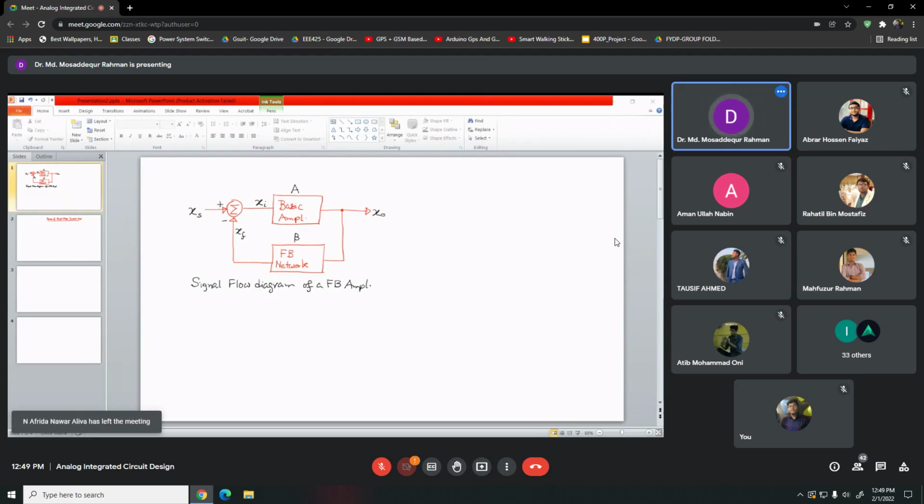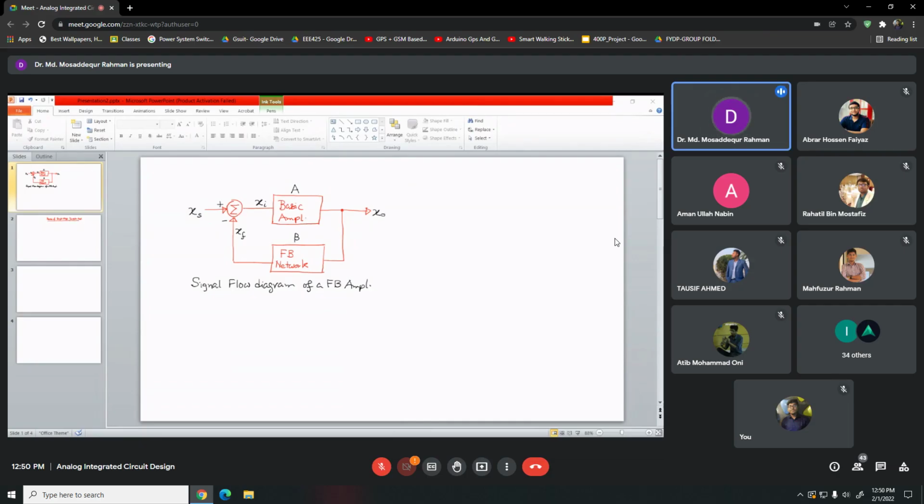And our overall gain, also known as the gain with feedback, AF, is the ratio of the output signal divided by the source signal XS. So that is our overall gain, because that includes also the feedback network.